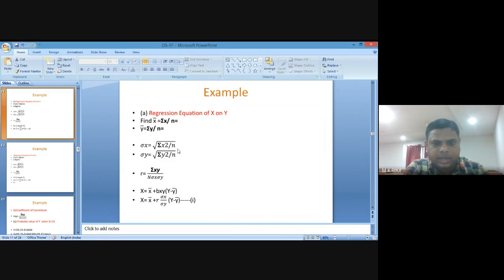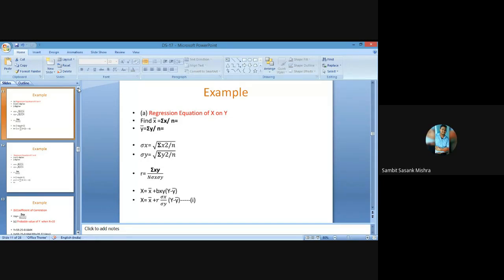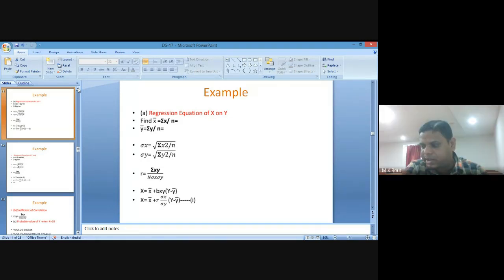What is the value of sigma x here? Summation of x square we have already calculated. The value is 3.74. Next calculate the standard deviation of y, 6.30. Okay, you can take 6.3.